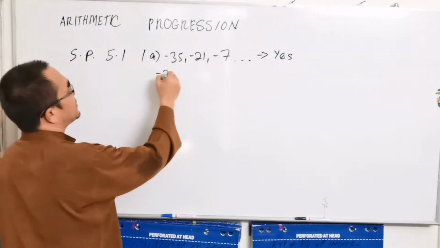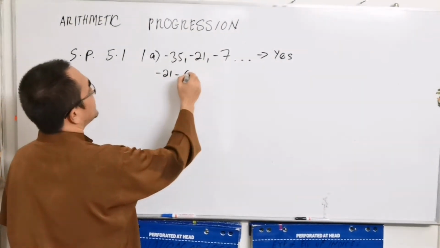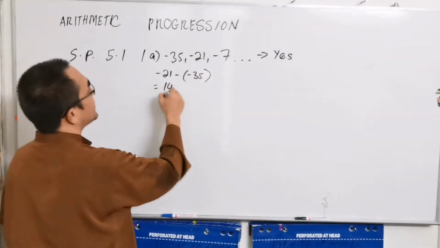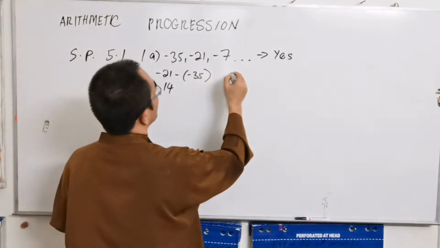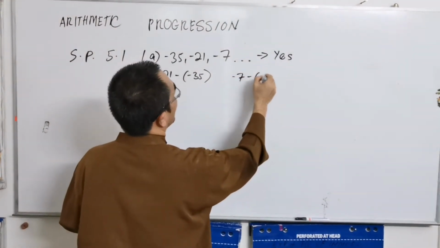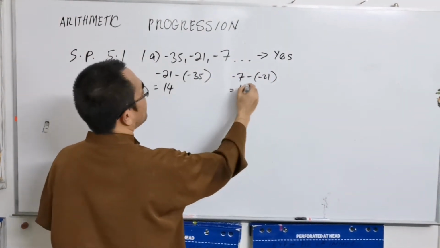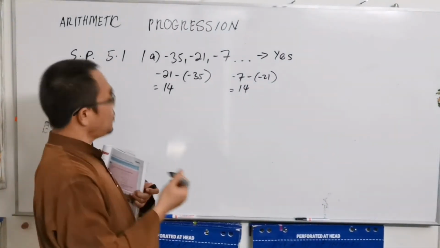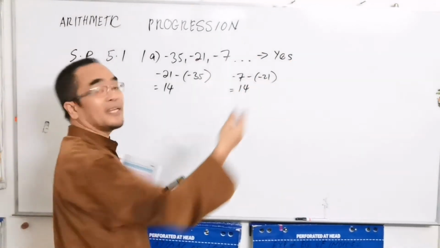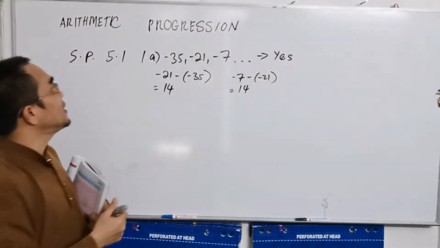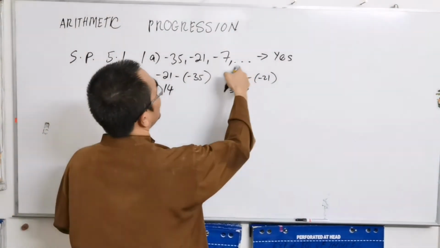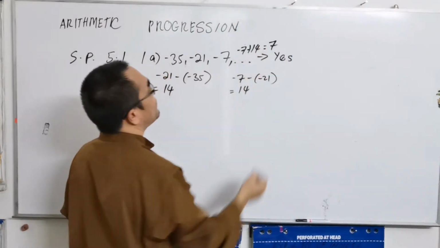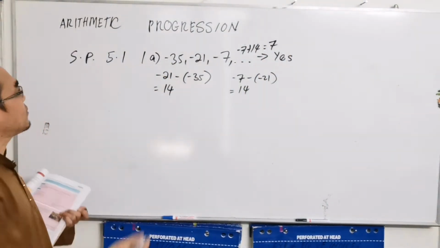Because negative 21 minus negative 35 gives 14, and negative 7 minus negative 21 still gives 14. To state the method: to find the next term, add 14 to the term. So the next term will be negative 7 plus 14, which is 7, and so on and so forth.